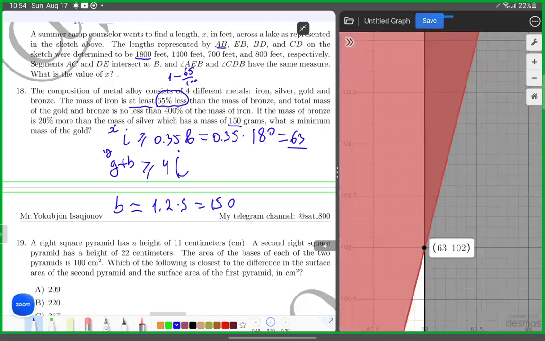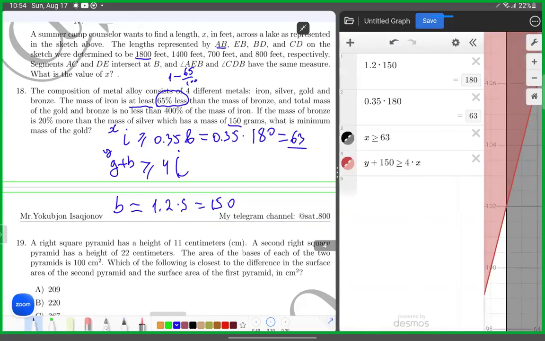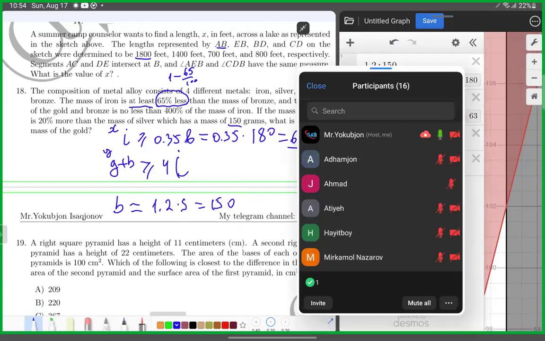Here, 102. Here happens the least value of the gold, and this shaded region is our answer. Let me check again, I may have made a mistake somewhere. Bronze is 150. Okay, I think here it is. Guys, is it clear?